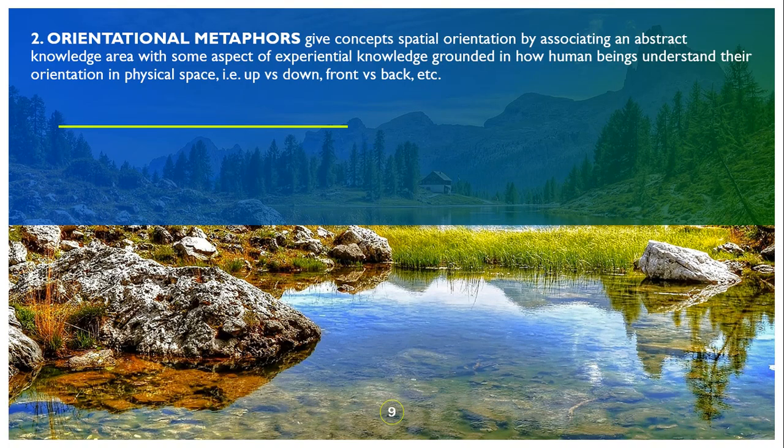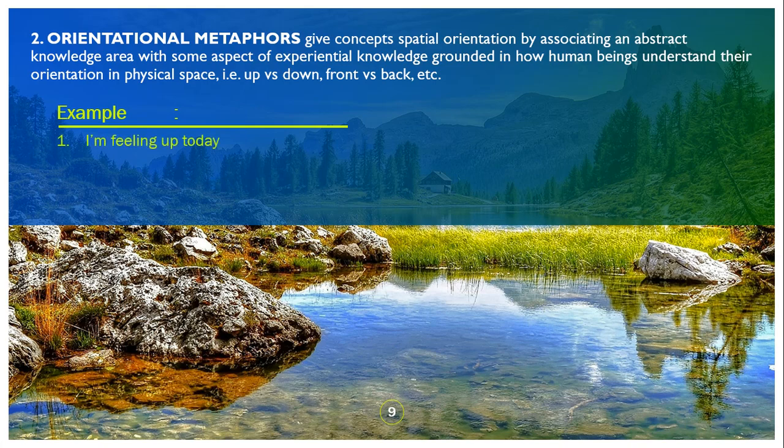Number 2 from kinds of metaphor is orientational metaphors. They give a concept spatial orientation by associating an abstract knowledge area with some aspect of experiential knowledge grounded in how human beings understand their orientation in physical space, such as up versus down, front versus back, and so on. Let's see the example.